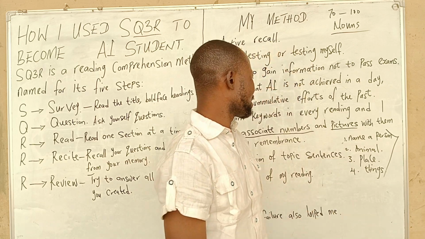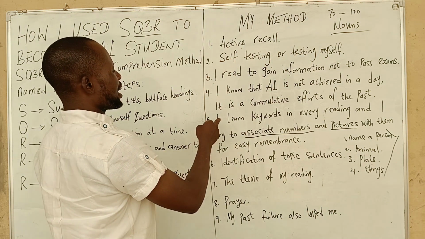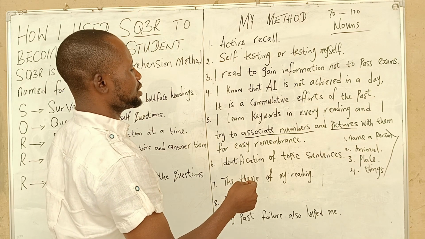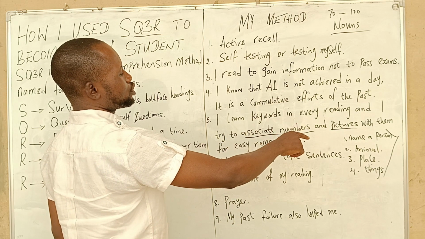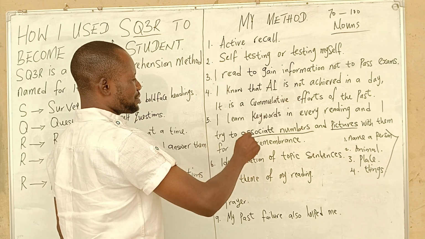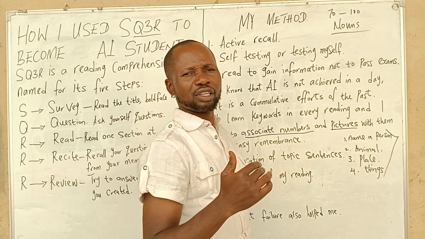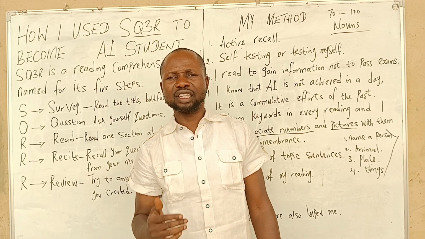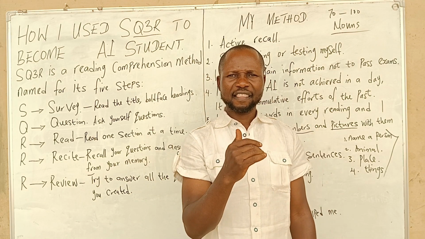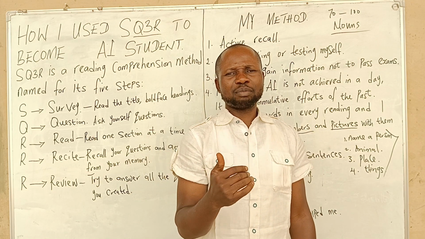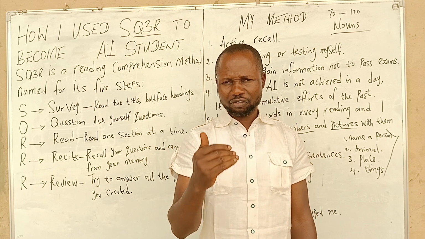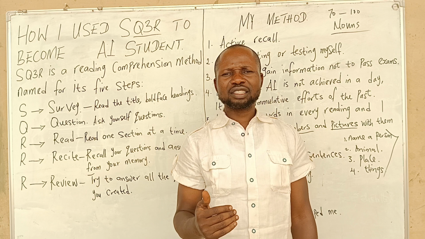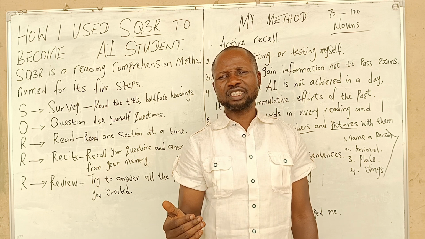Then the next is I learn keywords in every reading and I try to associate numbers and pictures with them for easy remembrance. For example, if I studied about a noun or pronoun, let's say a noun is the name of a person, the name of an animal, the name of a place, the name of a thing. So I will now say a noun does four things.